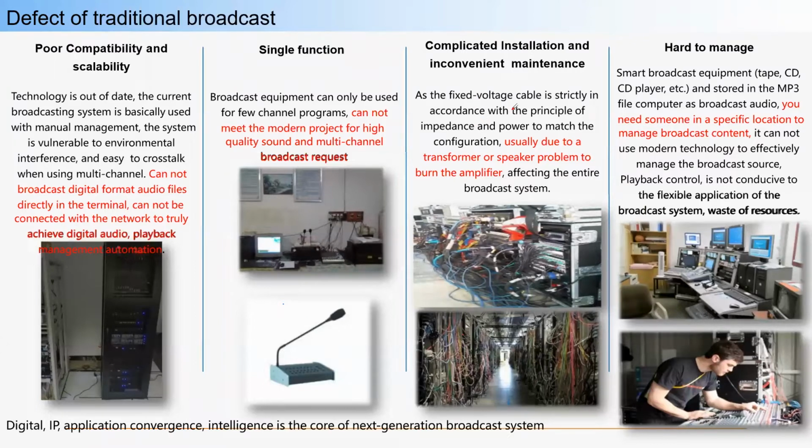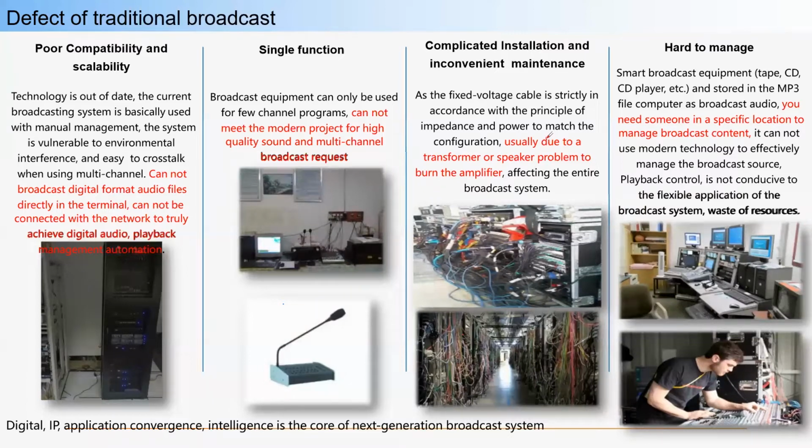So at the end of the day, you have to use too many devices in the traditional broadcast system, and the wiring is very hard to connect, and it's not really user-friendly. It's very hard to manage. So that's the shortcoming of the traditional broadcast system.